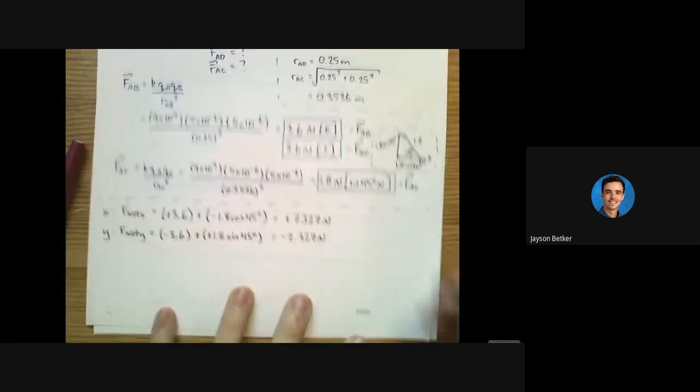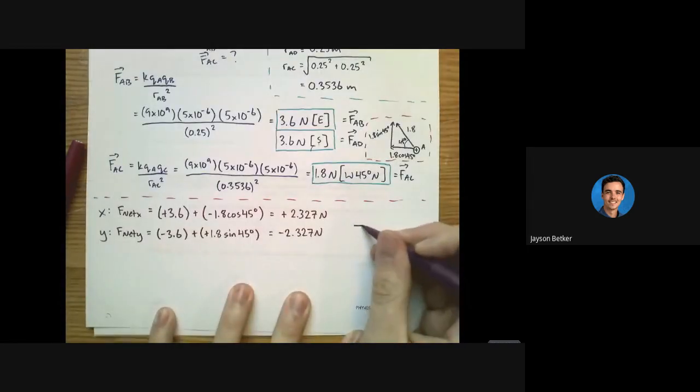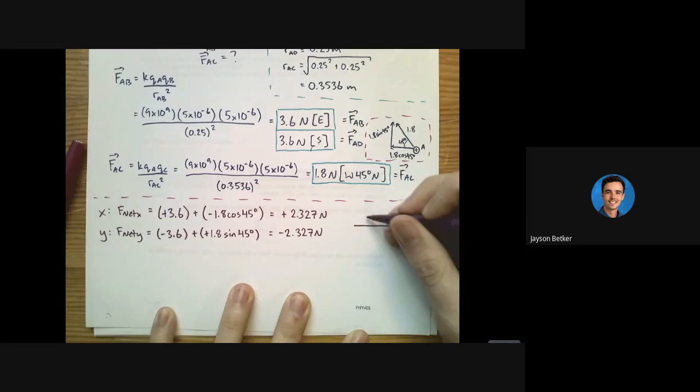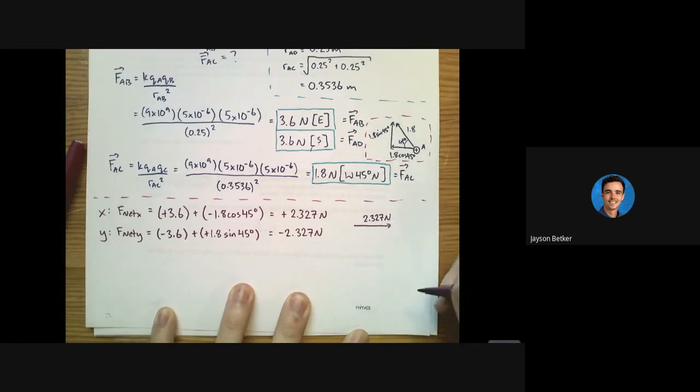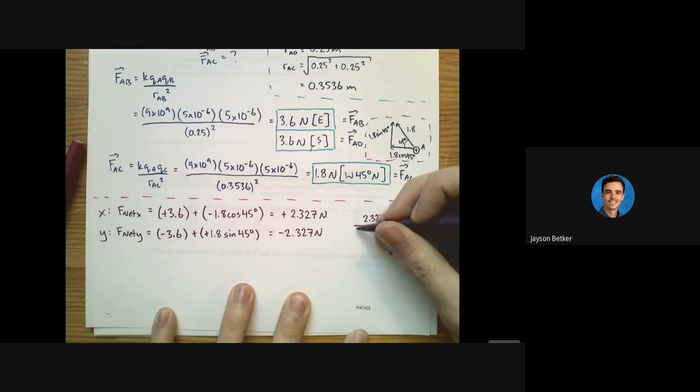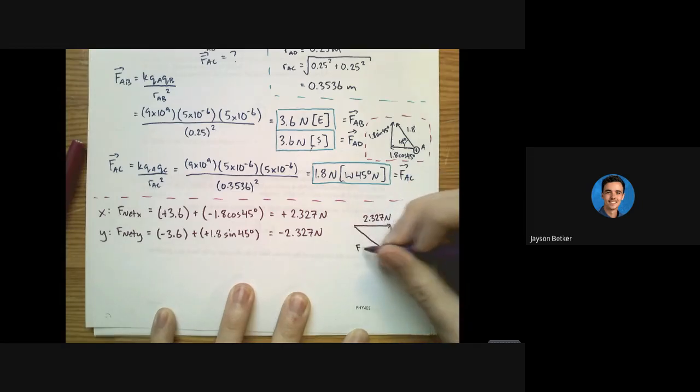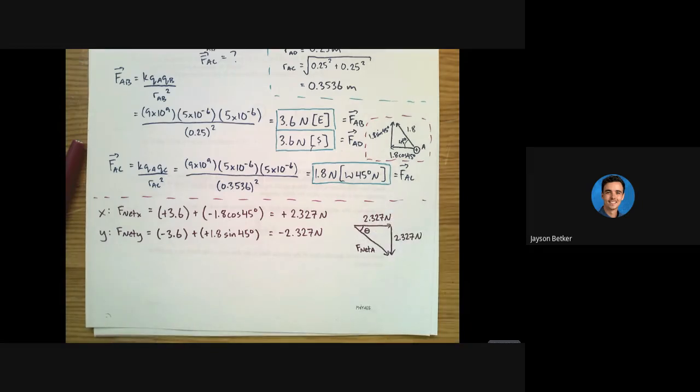So this charge is going to feel a 2.327 Newton force to the east and a 2.327 Newton force south. So our net force on A is going to look something like that, F net A, and with an angle there.